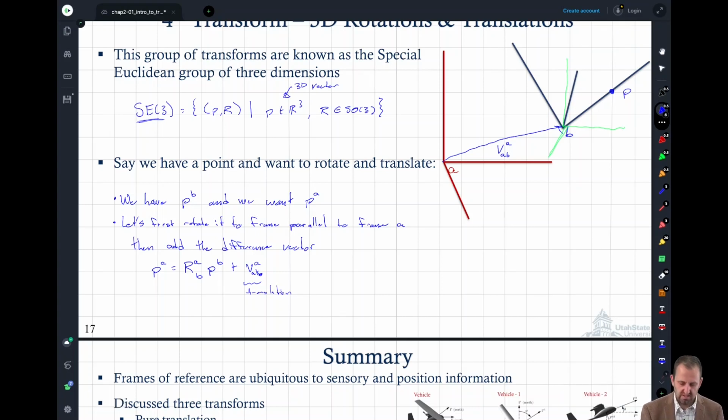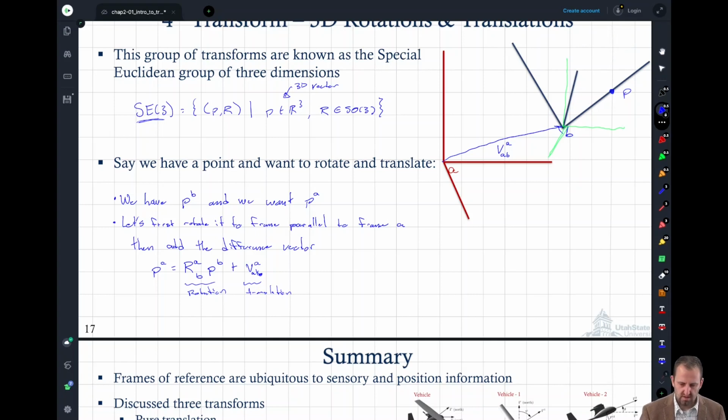So it's a translation from one frame origin to another, defined in frame A, and we have our rotation. Okay, so we just do our rotation first, and then we translate it.